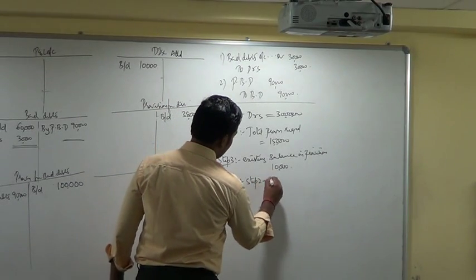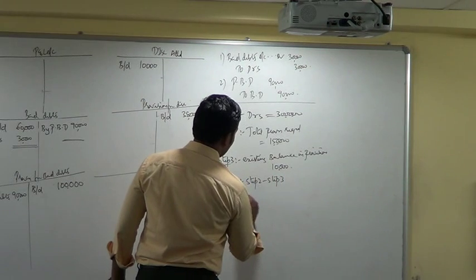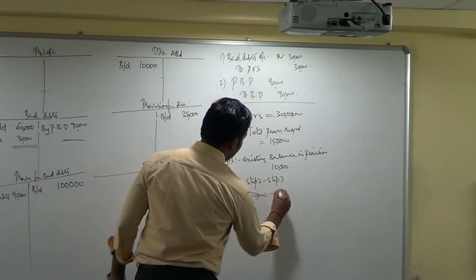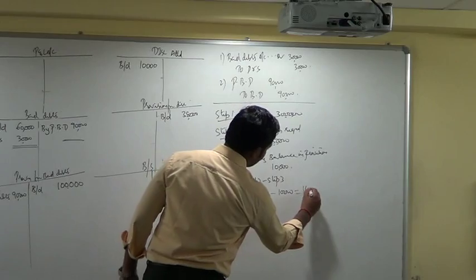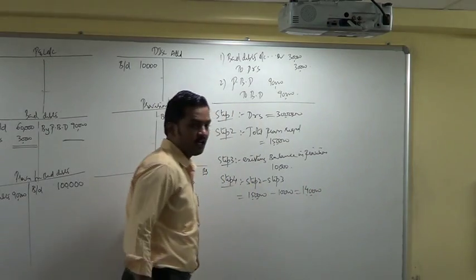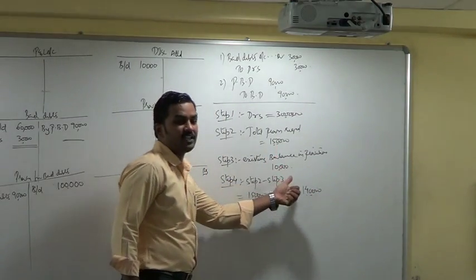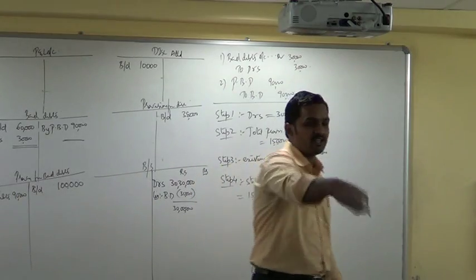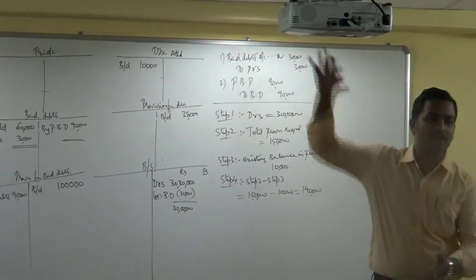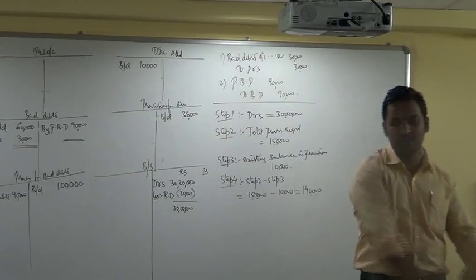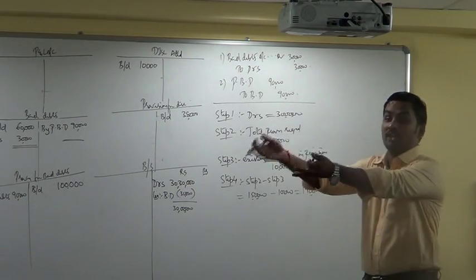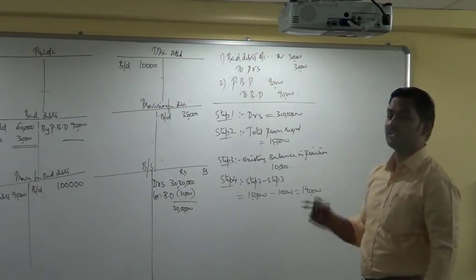Step 4: Step 2 minus step 3. It is 1,50,000 minus 10,000, which is 1,40,000 shortfall. We want 1,50,000 but have only 10,000, so we need 1,40,000 now. From where will you fulfill your need? By transferring profits from the P&L account. Not transfer to, transfer from. What is the entry you pass?